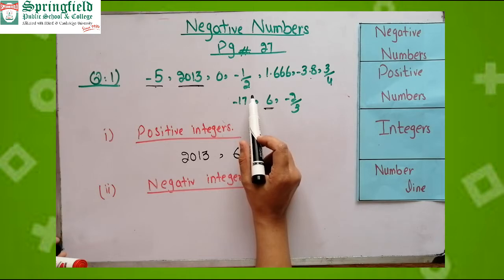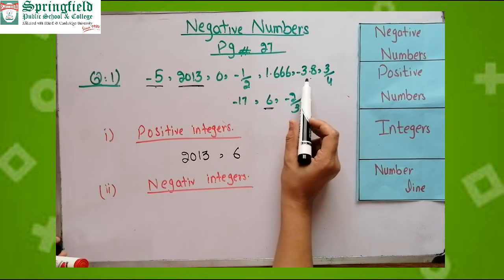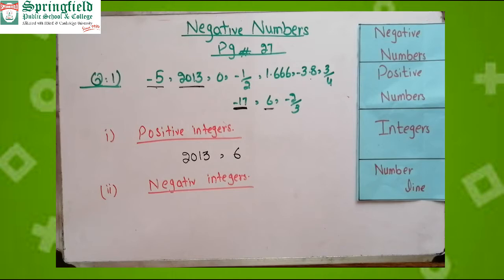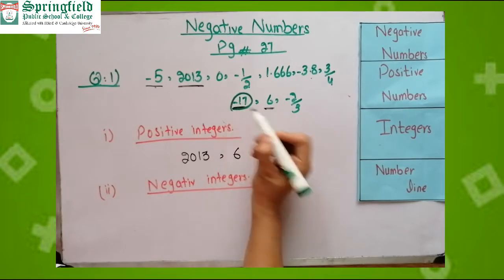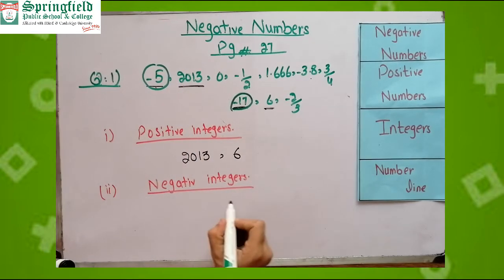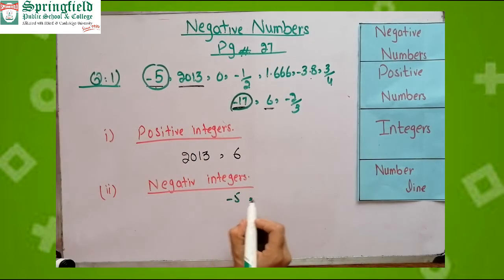This is a negative number, not a negative integer. Is this a negative integer? Yes. This one is a negative integer. This one is a negative integer. So there are two negative integers, minus 5 and minus 17.